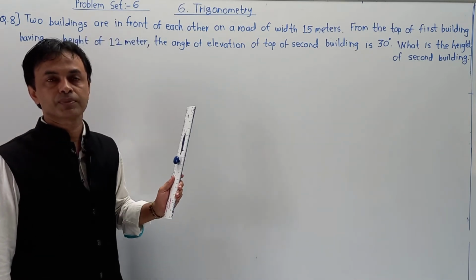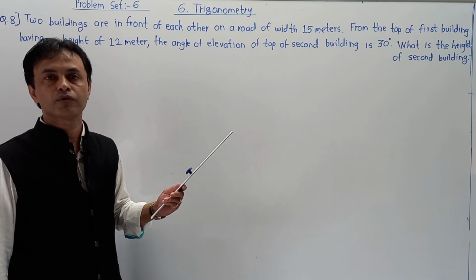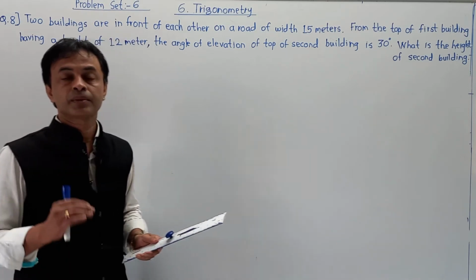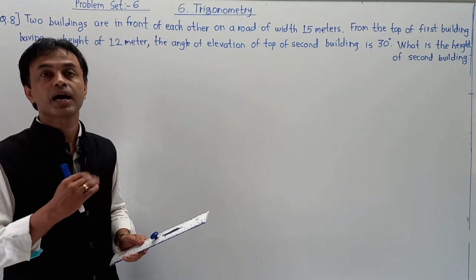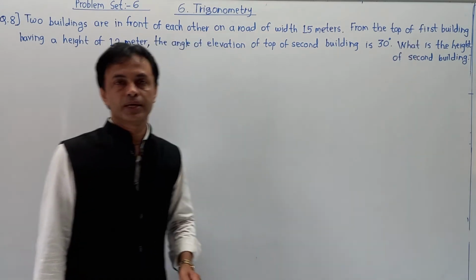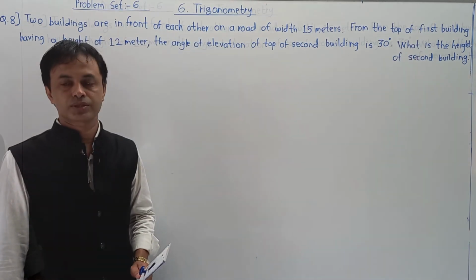Means when you observe from the top of the first building, the angle of elevation of the second building is 30 degrees, so the height of the second building is more. What is the height of the second building? This is the question for us.